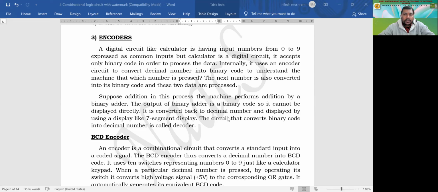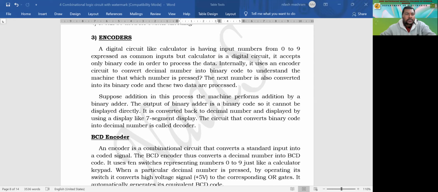So encoders are actually digital circuits, like calculators, which have input numbers from 0 to 9 expressed as common inputs, but the calculator is a digital circuit and it accepts only binary codes in order to process the data, right? So we have numbers, and we need to convert 0 to 9 into binary codes. We know what the number system is, and we have almost completed that portion of converting decimal numbers into binary, right?